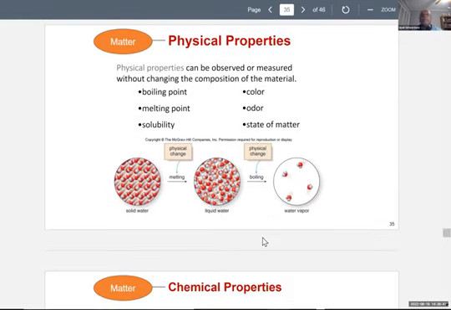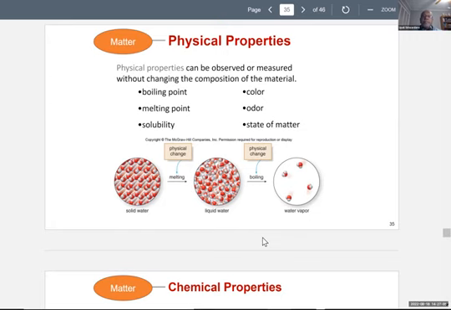Now, all these pure substances, just like water or sodium chloride, compounds, elements, and water is a compound, either compound or elements have physical properties. Their physical properties depend on the states, boiling point.